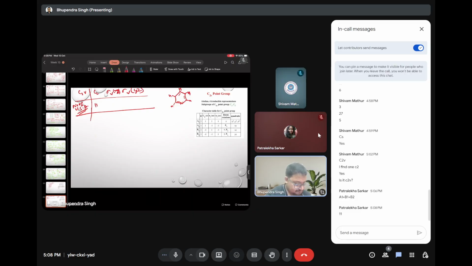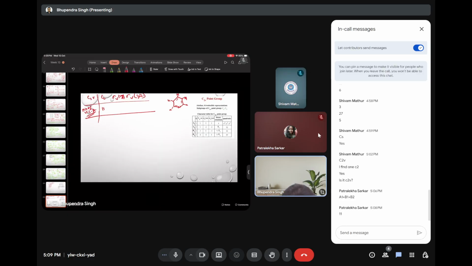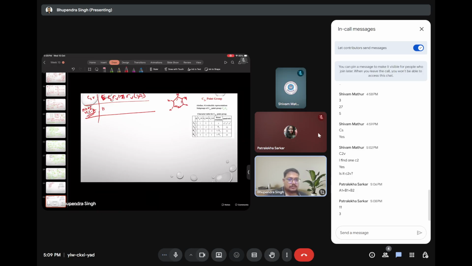Sigma xz. Oh, E is not written yet. I should write E also here, and C2. Okay, what about C2? How many atoms will remain at their position by applying C2?